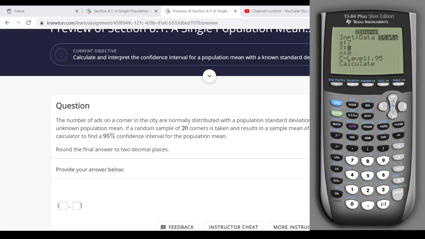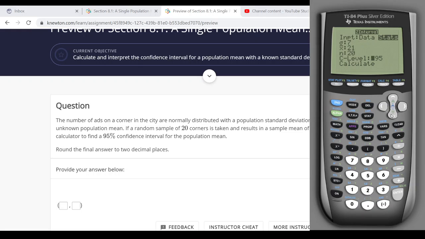What was the x bar? That was the sample mean, and that had a sample mean of 21 ads. The calculator's hiding it right now, but remember, sample mean of 21 ads. So x bar, 21. N, what was the sample size? 20, right? They sampled 20 corners.